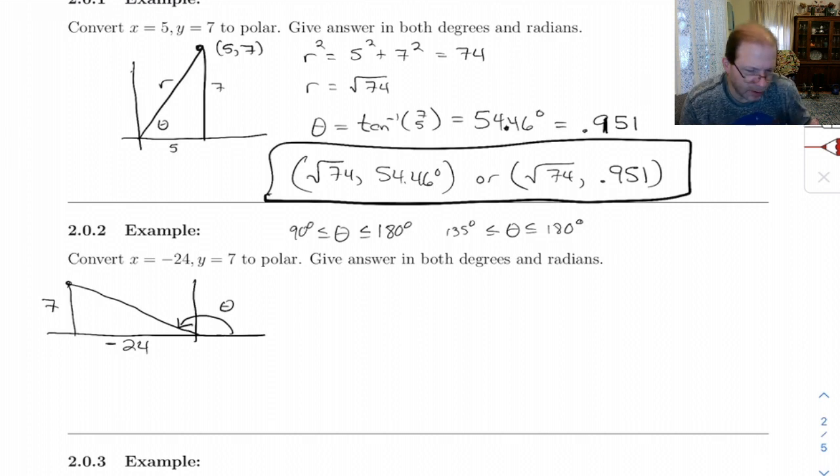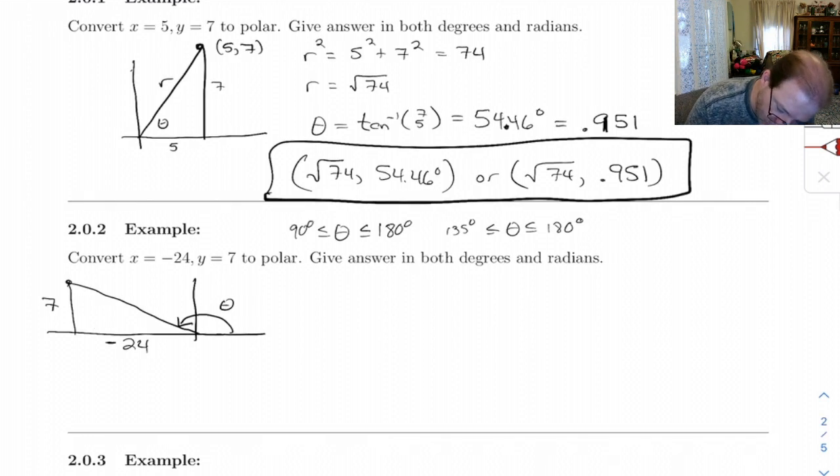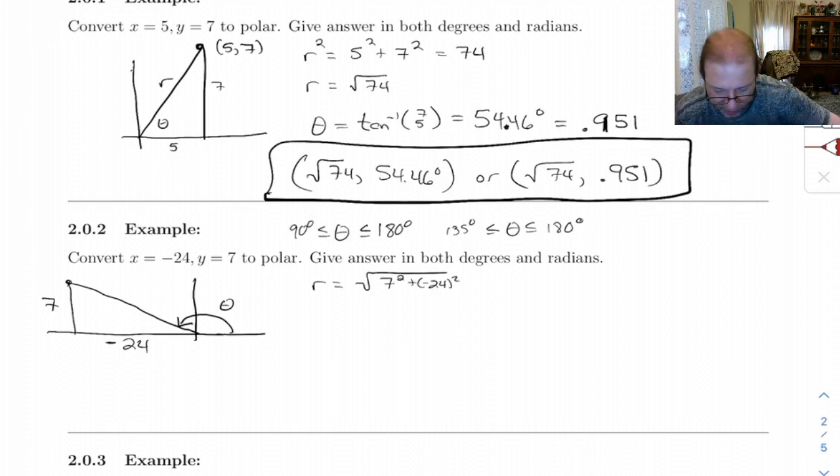So let's do this. Well, first up, finding r is easy. R is going to be the square root of 7 squared plus negative 24 squared. And I believe that's 25, but I'm going to verify it here. 7 squared plus 24 squared gives me 625, and the square root of that is 25.